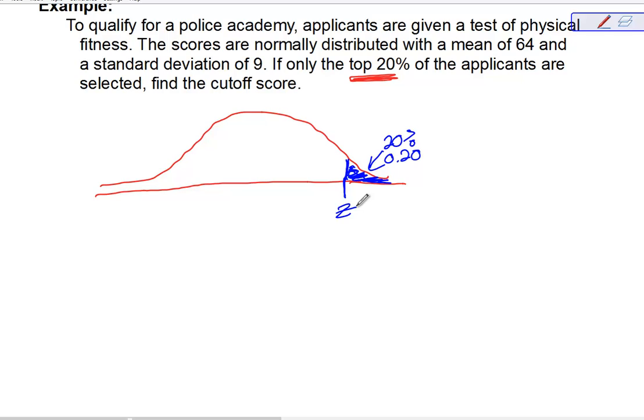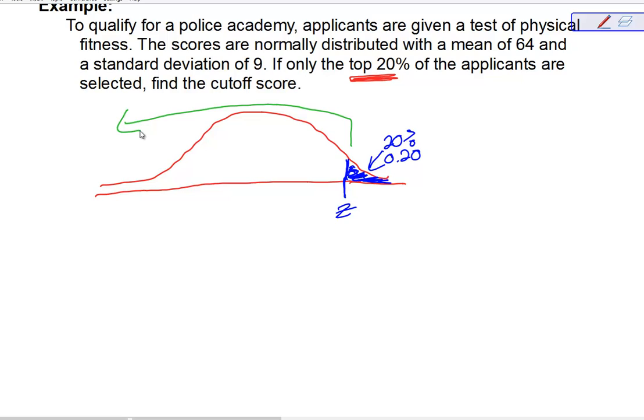Now let me think about this. Remember that our table only gives us the area to the left. It doesn't give me the area to the right. So how much is the area to the left?